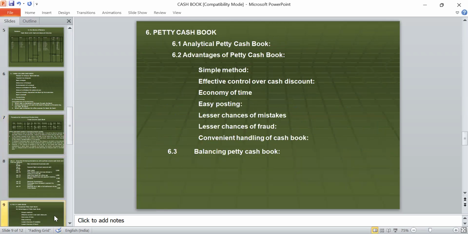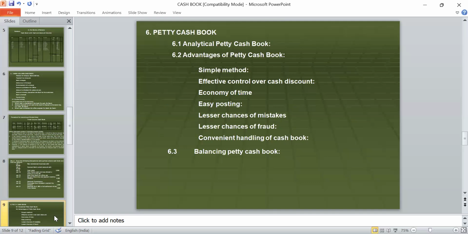And the last cash book is petty cash book. The cash book which is maintained to record all small expenses, all petty expenses, is the petty cash book.